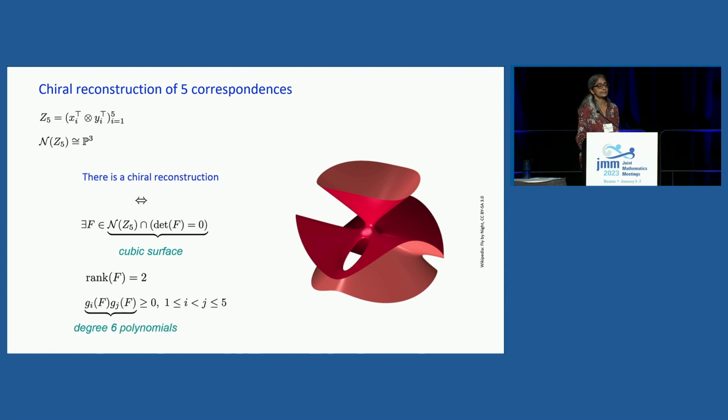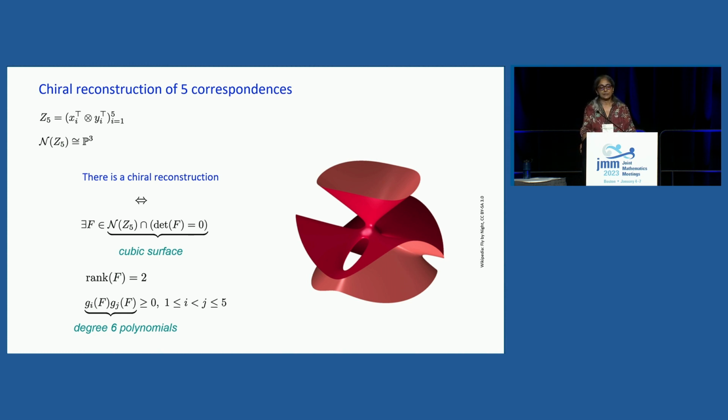And if you want the reconstruction to be chiral, then in addition, it has to satisfy inequalities. So I showed you one version of the inequalities in terms of these N's and Q's in a previous slide. But you can convert those inequalities into the language of the F matrices, and now you have fairly high degree, degree 6 polynomials that have to be satisfied.